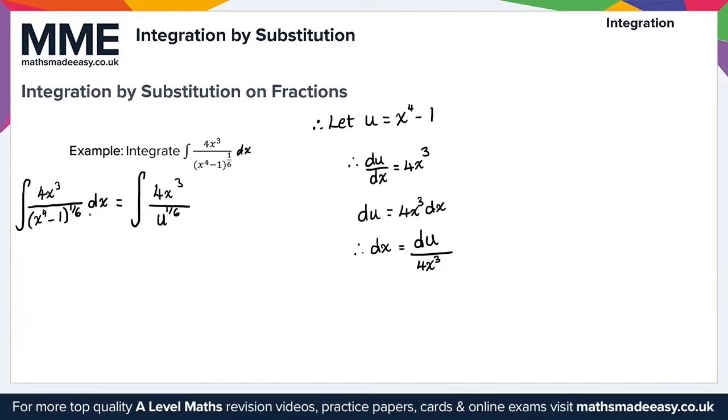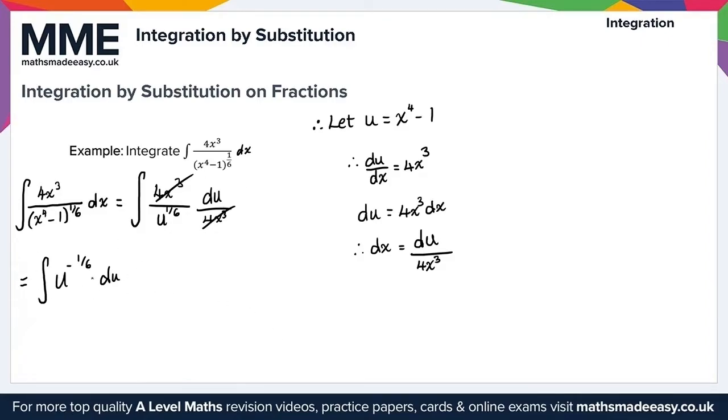And then don't forget our dx is du over 4x cubed. Now notice straight away, this 4x cubed will cancel with that 4x cubed. So what I get left with now is the integral of 1 over u to the 1 over 6, which we can write as u to the minus 1 over 6, and don't forget du has been left over.